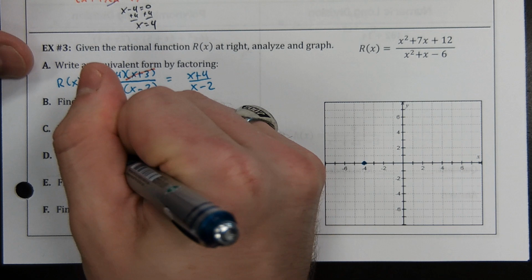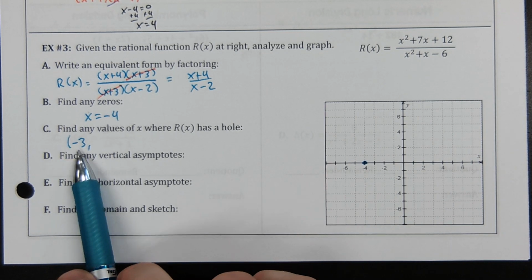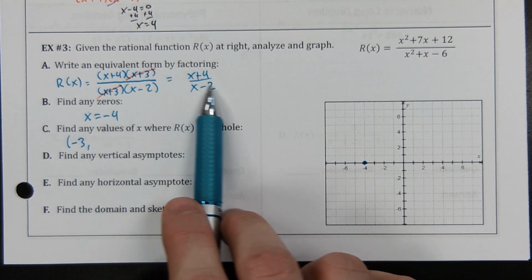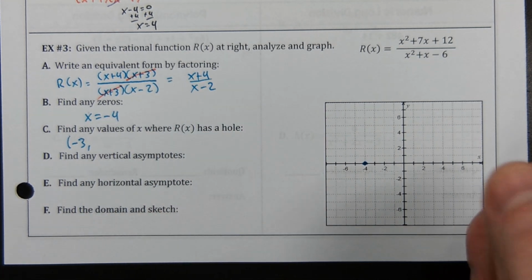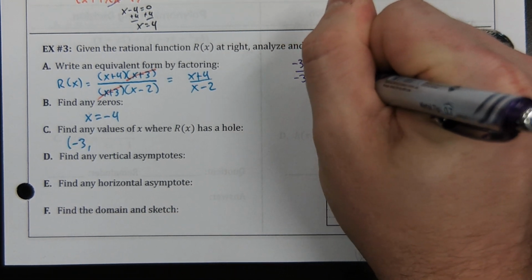Here's the problem. I need to be able to sketch this graph. That means I need to know the y value of the hole in the graph. I have to take this negative 3 and substitute it into the simplified version. So it's negative 3 plus 4 over negative 3 minus 2.